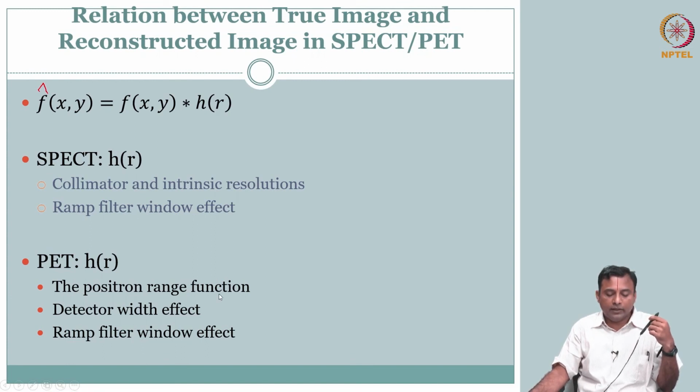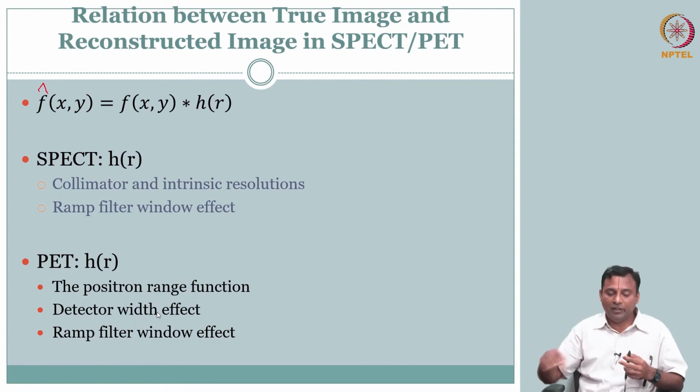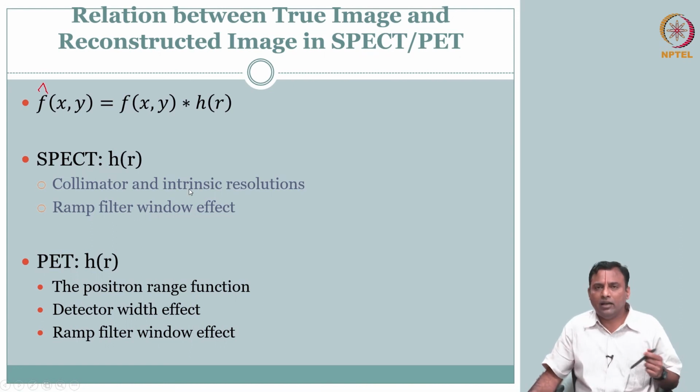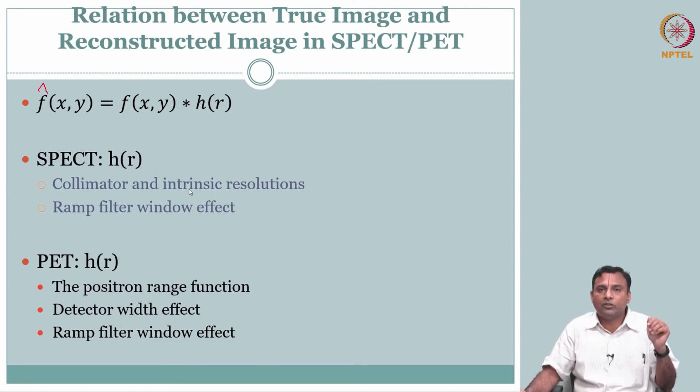So, your positron range, detector width, notice we do not have one big detector, we have blocks that we have done. So, detector width effect, of course, here also a ramp filter window effect will come. Okay. So, nothing really apart from this is very similar to what we covered in our planar scintigraphy image quality, same thing carries forward here. Okay.